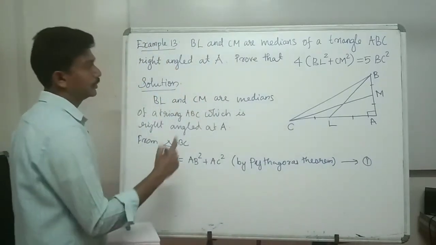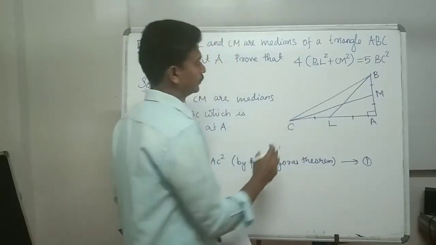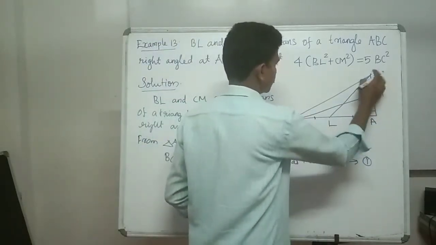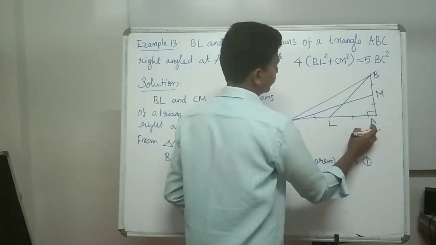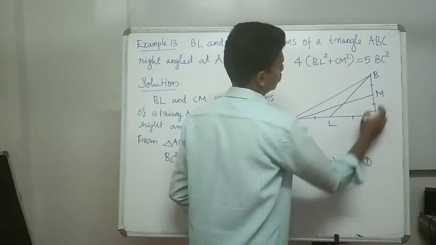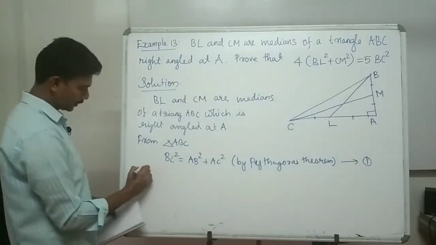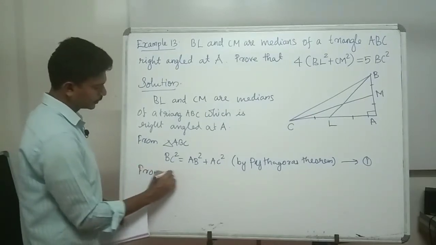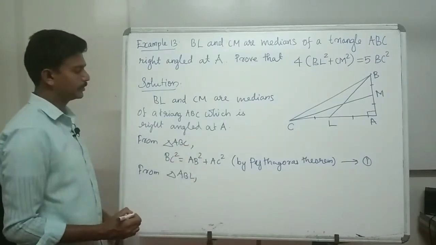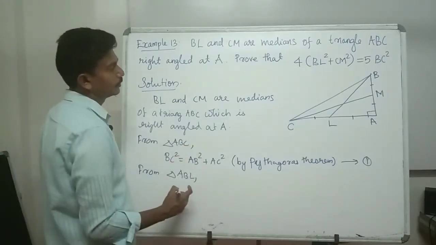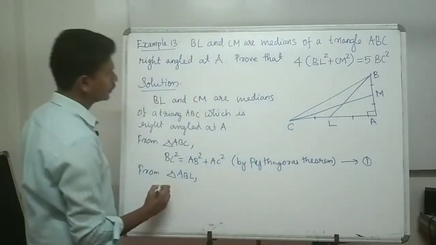Then we take the other two right angle triangles. Here we can get 3 right angle triangles: one is triangle ABC, then triangle ABL, and then we get CAM, or we can say CMB. So the next triangle we are going to take is triangle ABL. From triangle ABL, the hypotenuse is BL.